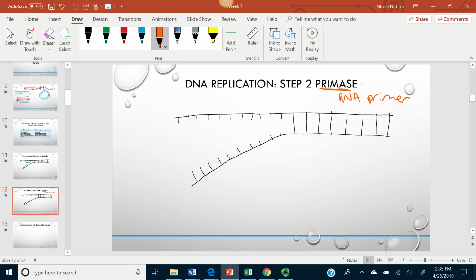So primase is an enzyme that lays down an RNA primer. So we're going to put an RNA primer here.